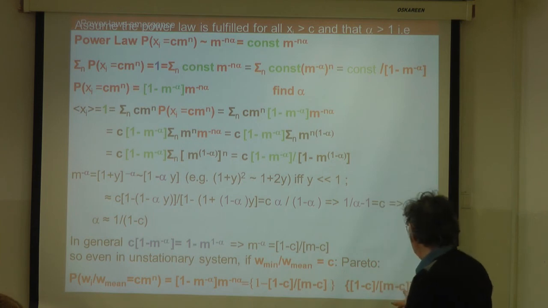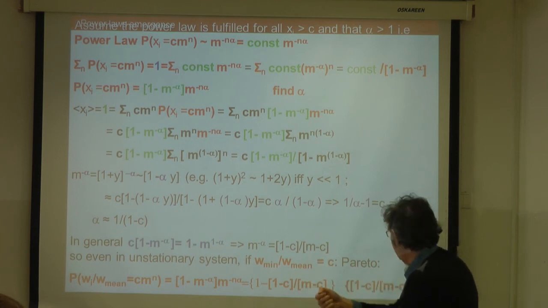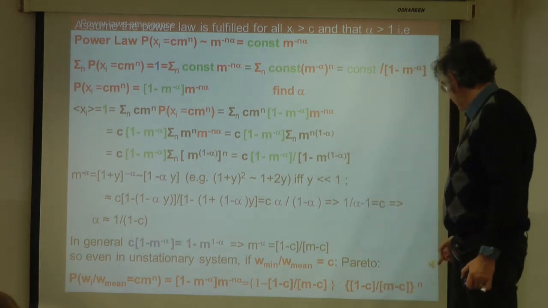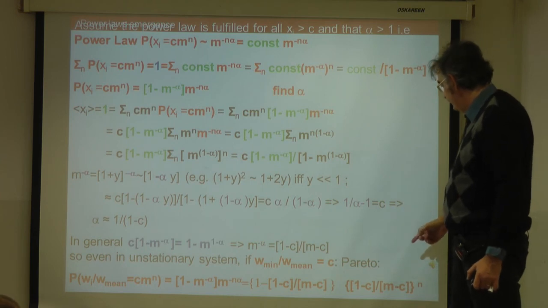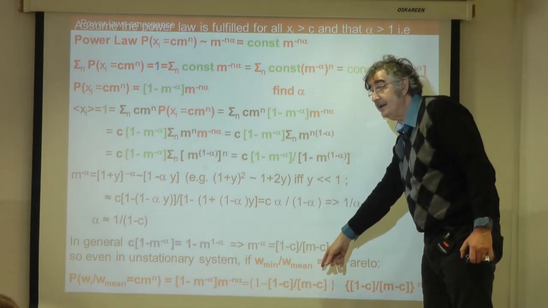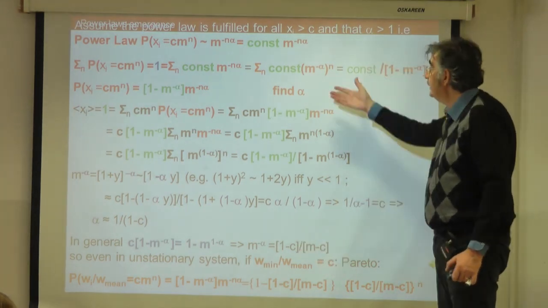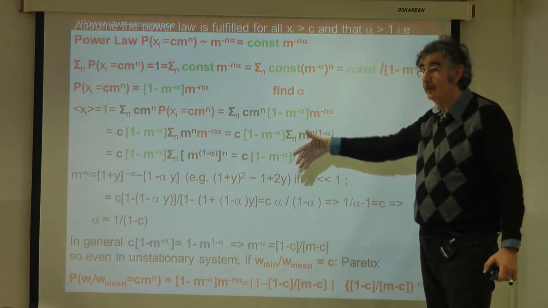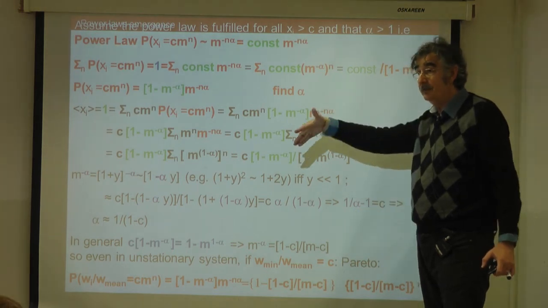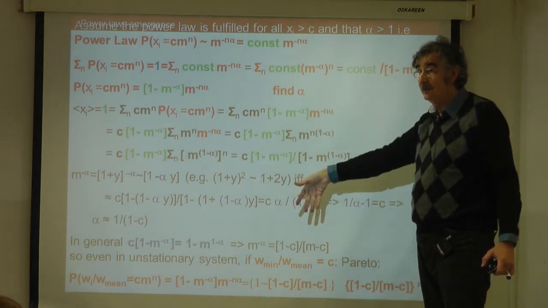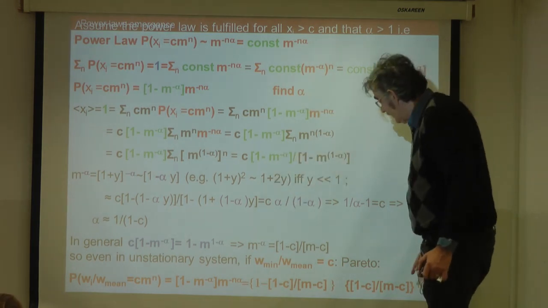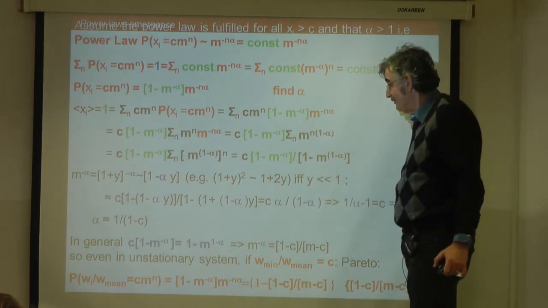So if I measure the ratio between the poverty line and the average wealth, then I can make a prediction about the power law which is respected by the wealth distribution of people, even if they are much richer than the poverty line, especially if they are much richer than the poverty line. Still, this formula is a little bit complicated, even for me.